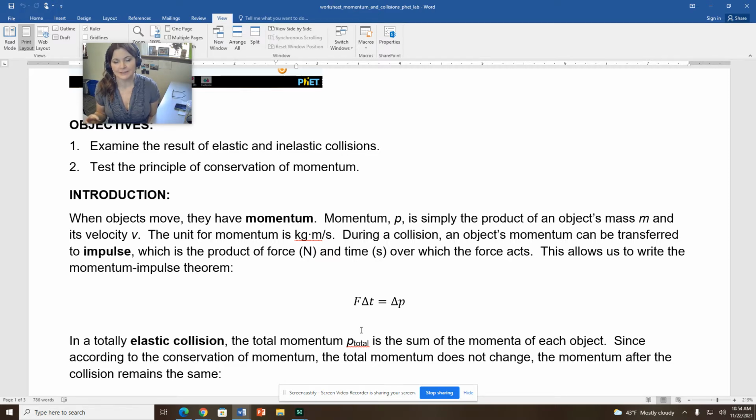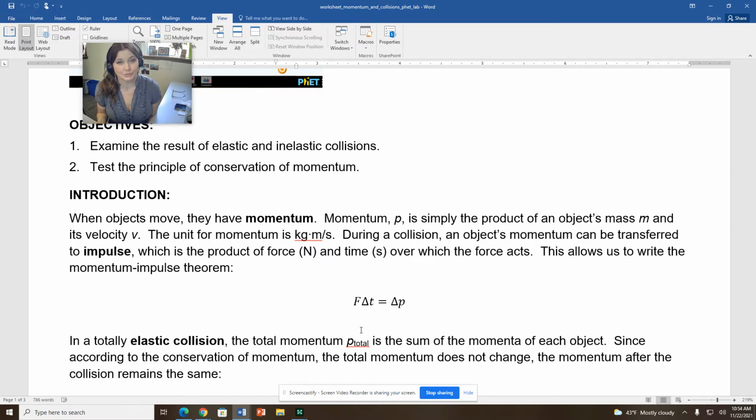So momentum is a property of a moving object, right? And it is related to its mass and velocity. If an object is in motion, the faster it goes, the more momentum it has. The more massive it is, the more momentum it has as well. It has to be a moving object.